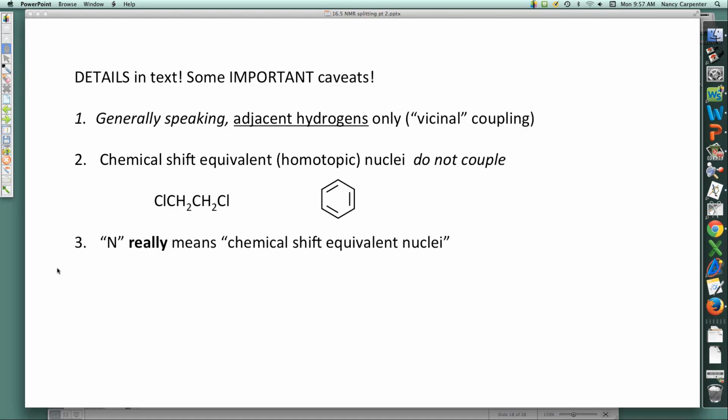Now, a pet peeve of mine that is not stressed in many textbooks is that when we're talking about the n+1 rule, what we're really talking about are homotopic nuclei, chemical shift equivalent nuclei.